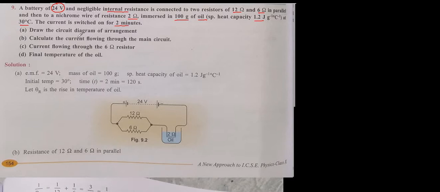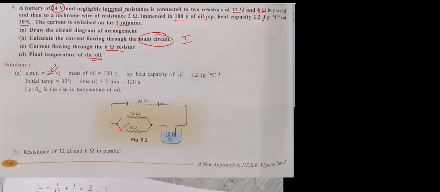Draw the circuit diagram. Calculate the current flowing through the main circuit, that is I in the main circuit. The current flowing through the 6 ohm resistor, so it is this one. And the final temperature of the oil we have to find out.